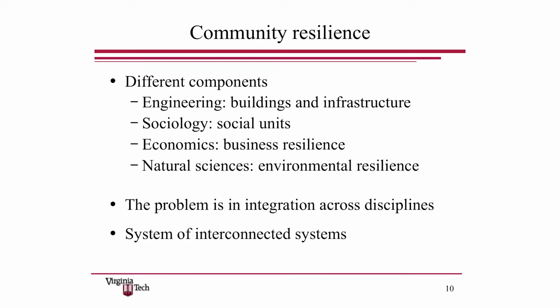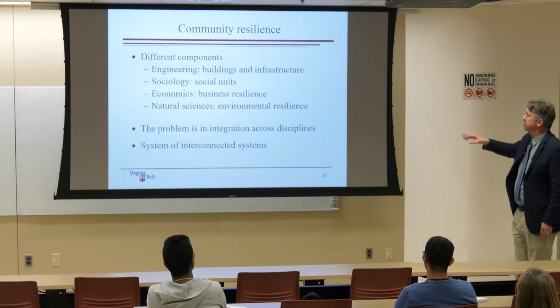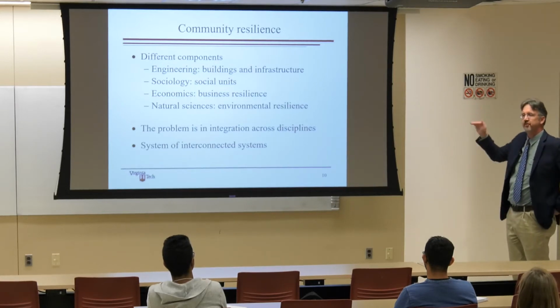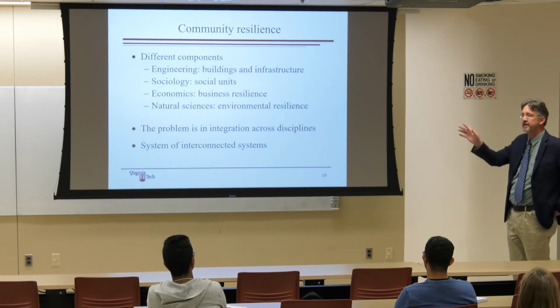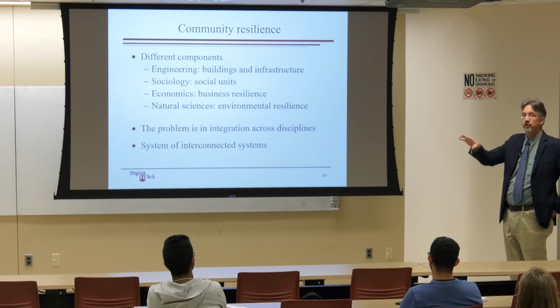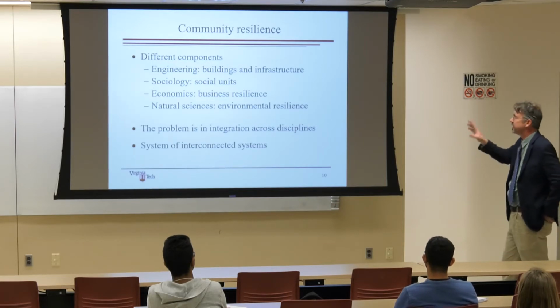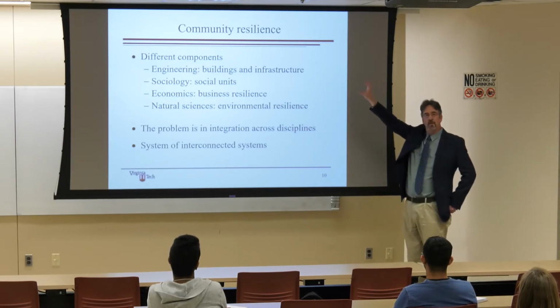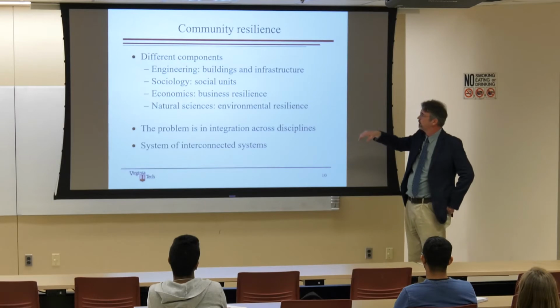And so as we divide things up this way, there's a lot of expertise out there in each of these areas, right? There's a lot of great engineers, many of whom are right here, who are looking at resilience for things that are in a community and doing a great job of modeling it very carefully and very completely, but tending to be focused maybe more on the engineering side of things than other groups might be.